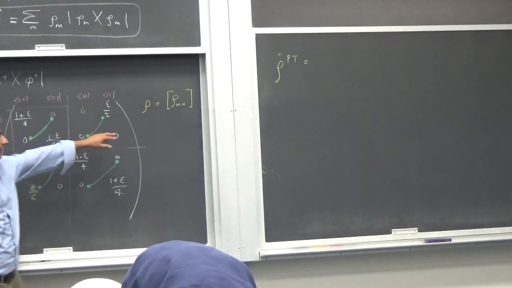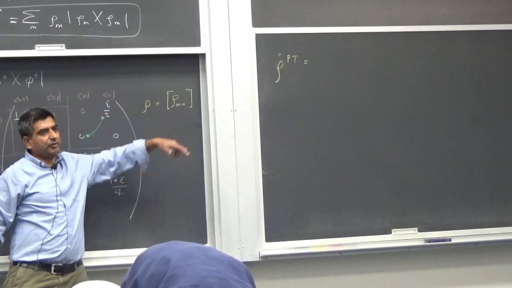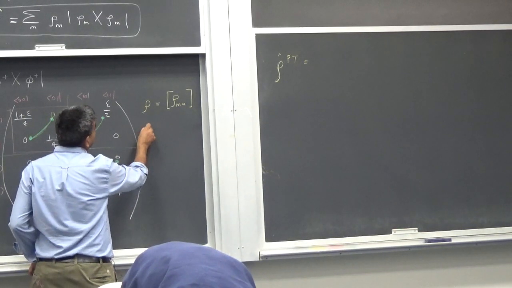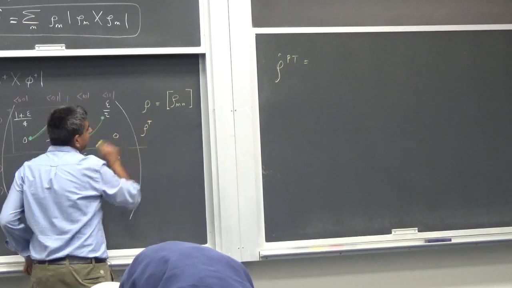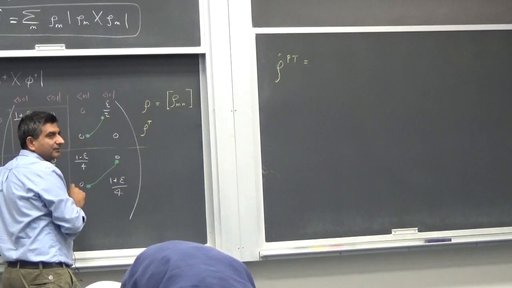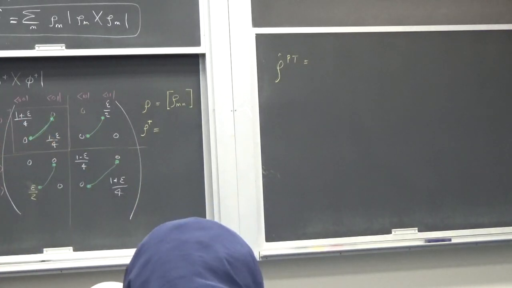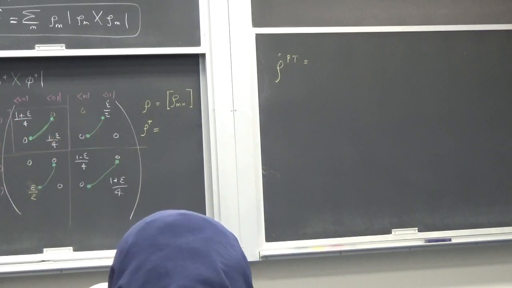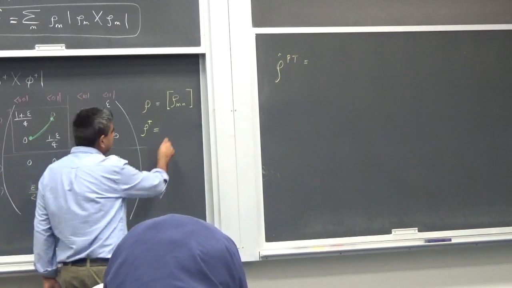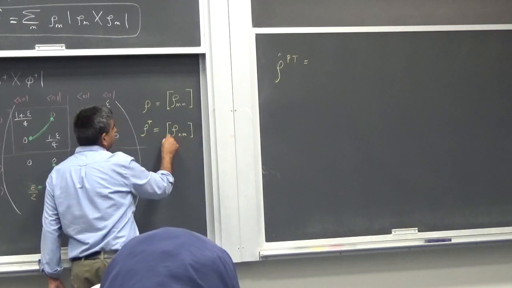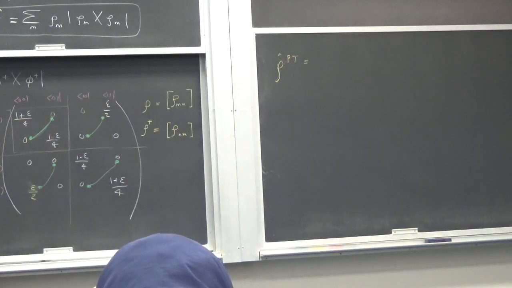So this matrix is identified by a row and a column, mn. If I were to take rho T, the transpose, how will this matrix be formed? It will be formed by swapping m and n. So it will be the set of rho nm. This is how we define a transpose.